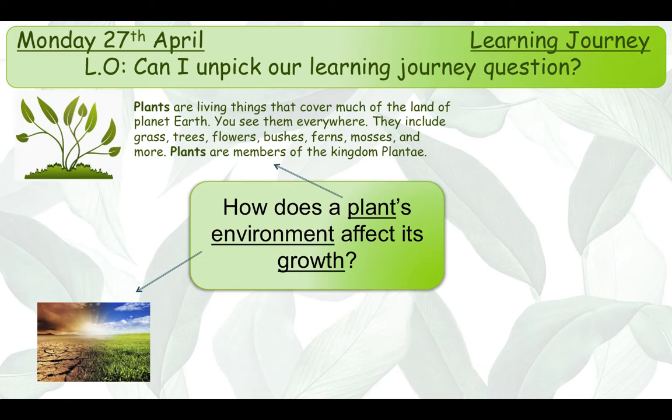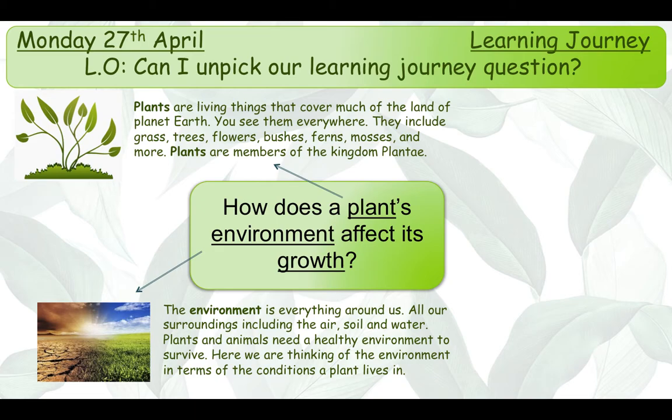See if you can spot what I'm getting at there. What do I mean by 2 different environments in the same picture? How is this side of the picture different to this half of the picture? And then have a go at trying to explain what we mean by environment. Once you're ready, play the video again and compare your answer to mine.